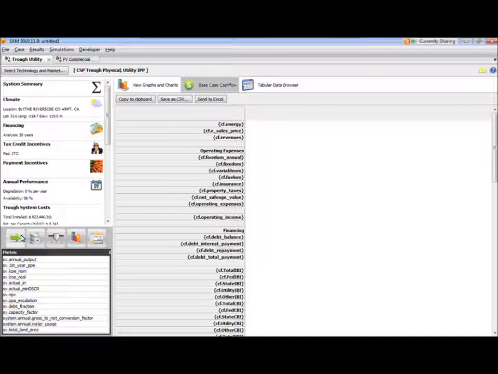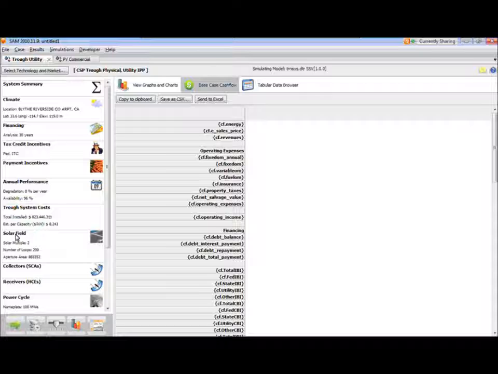And I see strange values there, which makes me think that I need to run. So I just created a new case, and I'm trying to look at results before I ran the model, and that's why I'm getting these funky results and blank pages. So let me click Run. I have some results to look at.